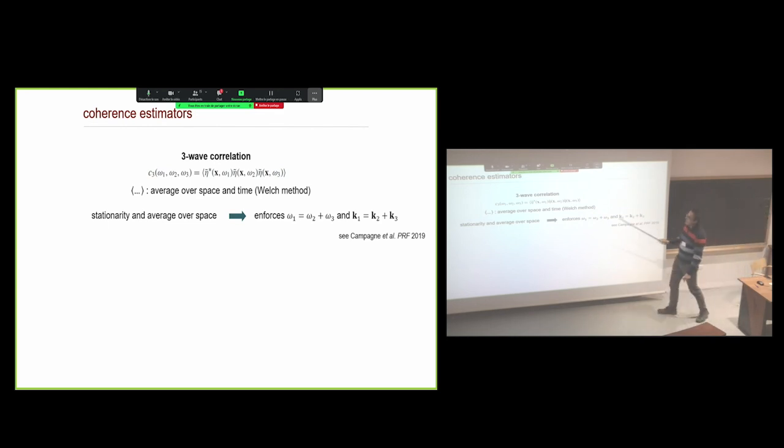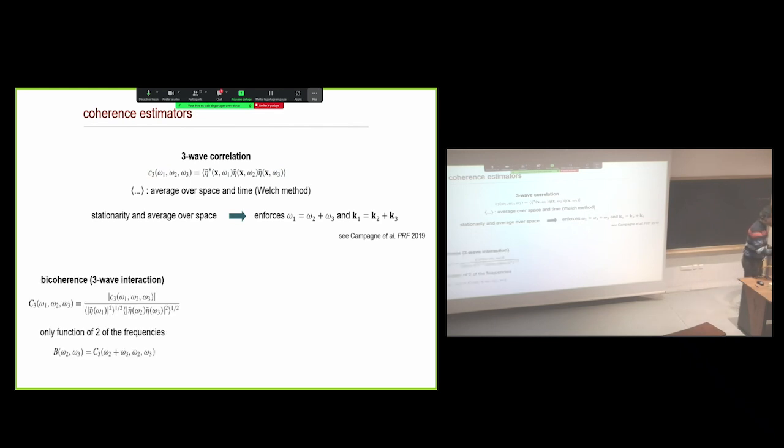Because of this average over space, even though we are working in frequency, we enforce both the frequency resonance and the resonance in k as well. That's technical. And actually, I will compute coherences. The b coherence is the normalized three-wave correlation, so that this b coherence lies between 0 and 1. 0 is purely uncorrelated, and 1 is perfectly correlated.